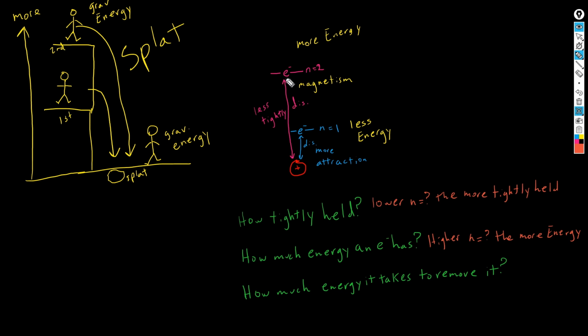So N equals 3 has more energy than N equals 2, and N equals 2 has more energy than N equals 1. And then finally, how much energy it takes to remove it goes along with how tightly held it is. The higher the energy level is, the less energy it takes.